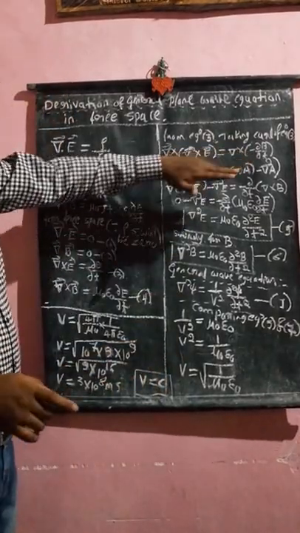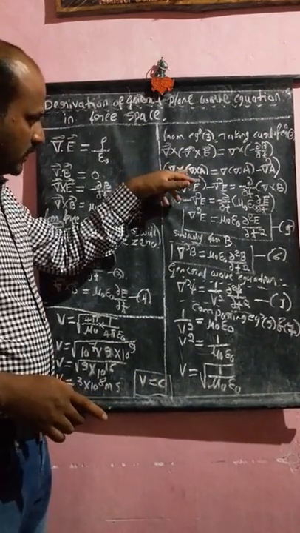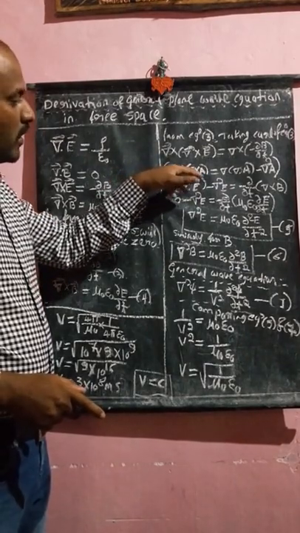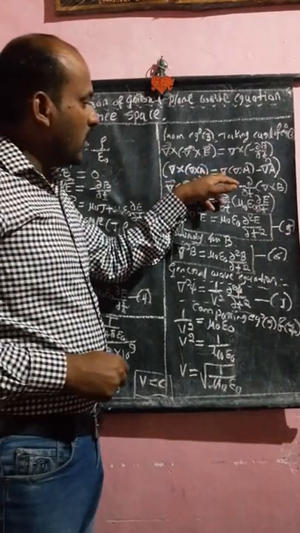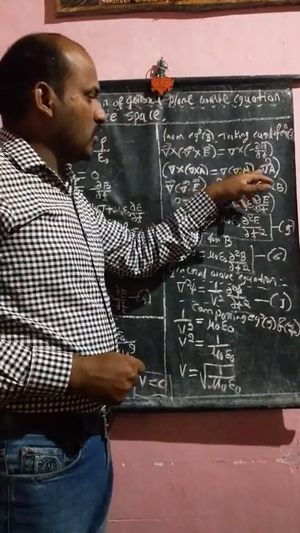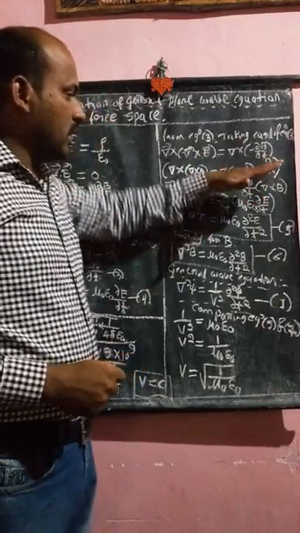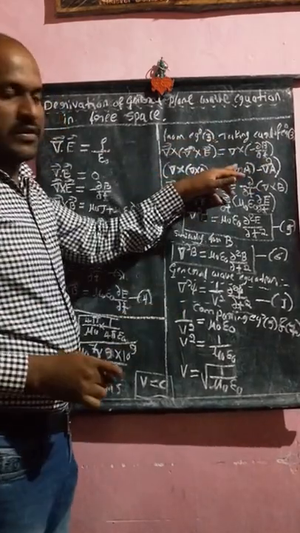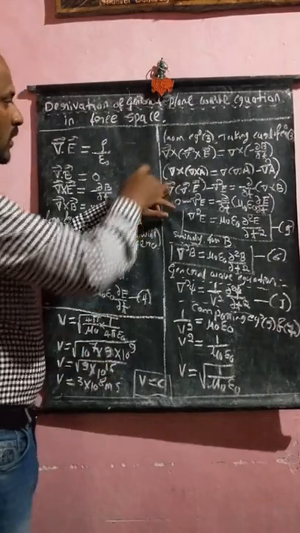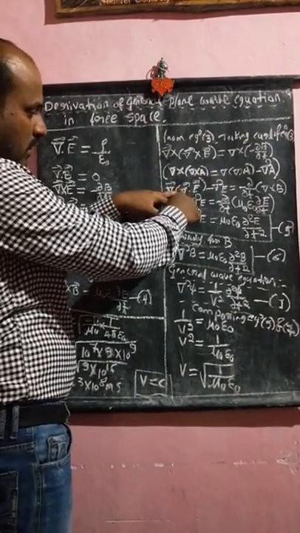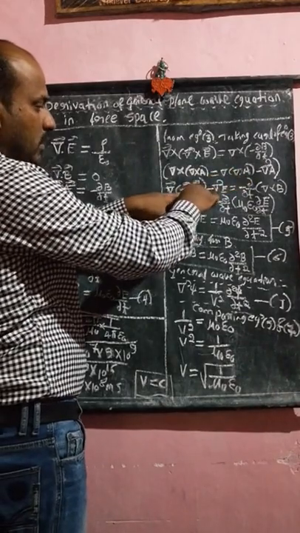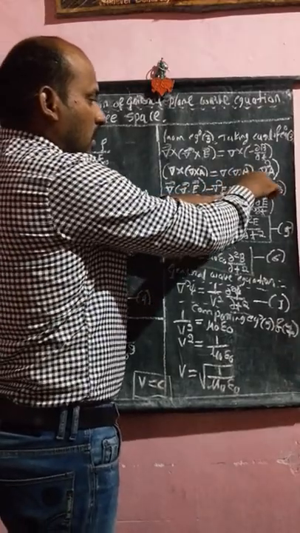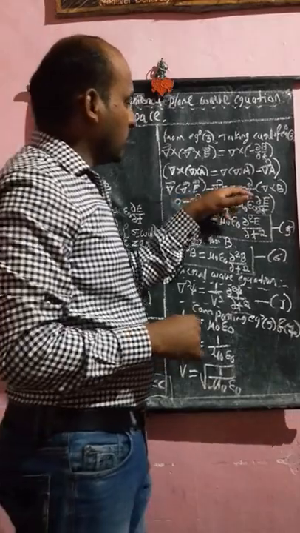There is one property: del cross (del cross A) is equal to del (del dot A) minus del square A. Using this on the left hand side, we get del (del dot E) minus del square E.